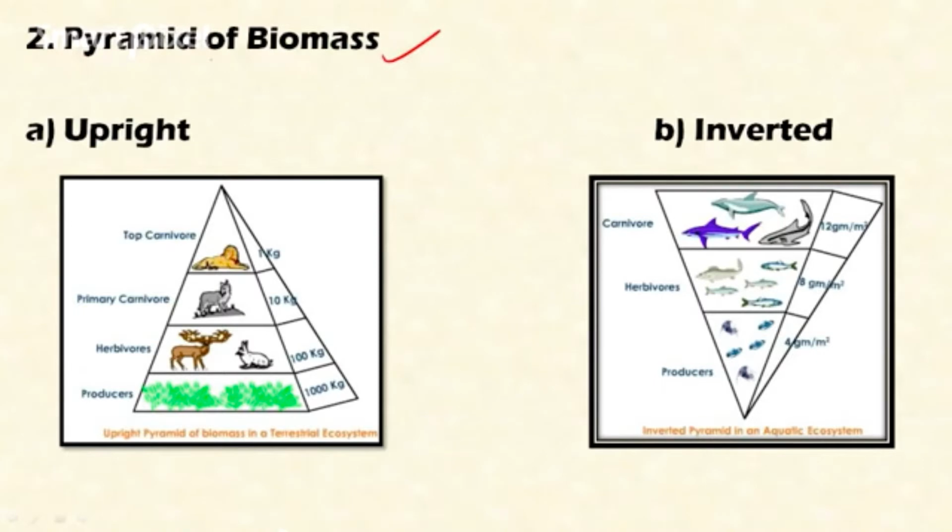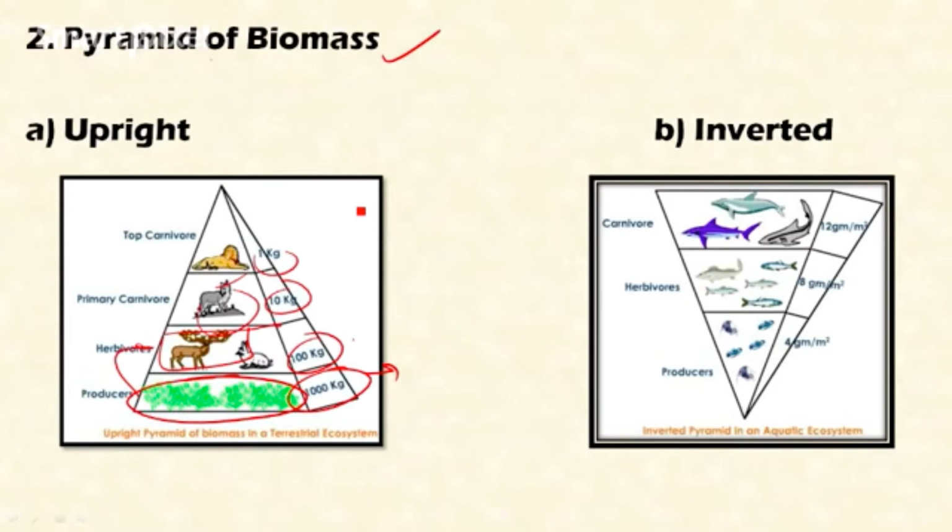For example, here in the terrestrial ecosystem, the weight of trees may be 1000 kg, and the next level, herbivores, still less. Here it assumes only 100 kg, and primary consumers 10 kg, then top carnivores only 1 kg. This shows the pyramid of biomass.